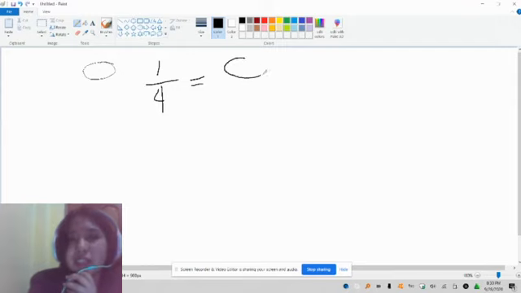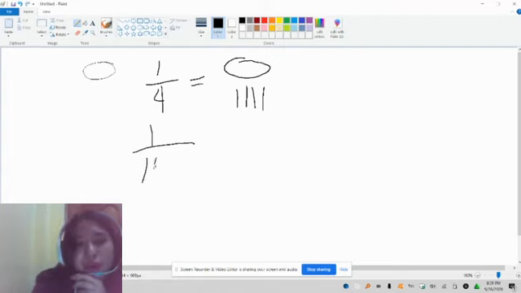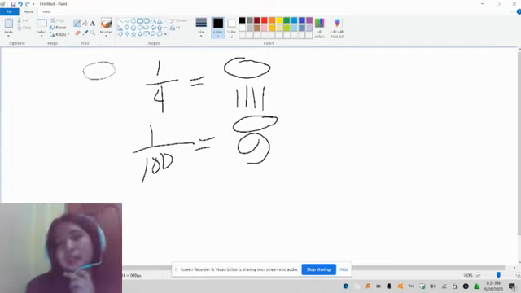So this is written as an oval above and then 1, 2, 3, 4. This is how they write 1/4 in their number system. For 1 over 100, again 100 is like this, and they will just place an oval above this fraction to indicate that it is the unit fraction 1 over 100.